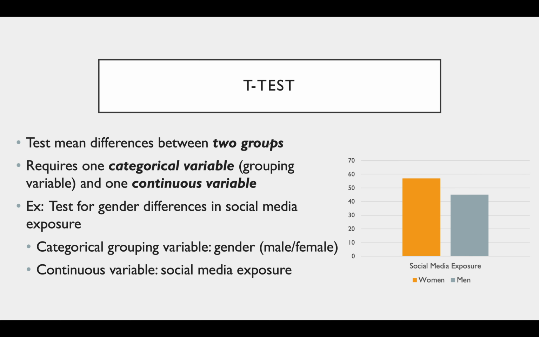For example, it might be men versus women, or experimental condition versus control condition. Your outcome variable is going to be a continuous variable. For example, if I was interested in gender differences in social media exposure, I might look at women versus men, with my outcome as social media exposure. I can do that with a t-test, again, because it's two groups.